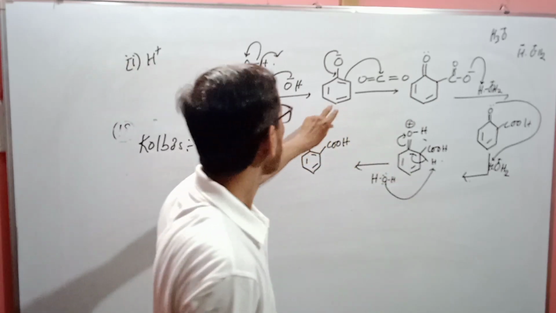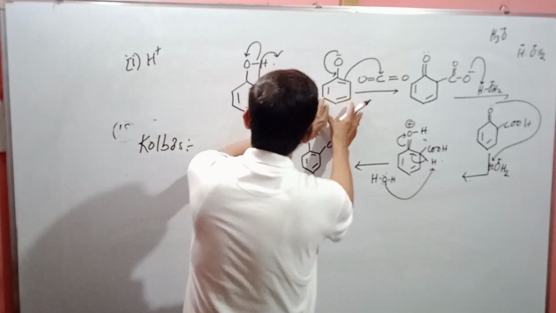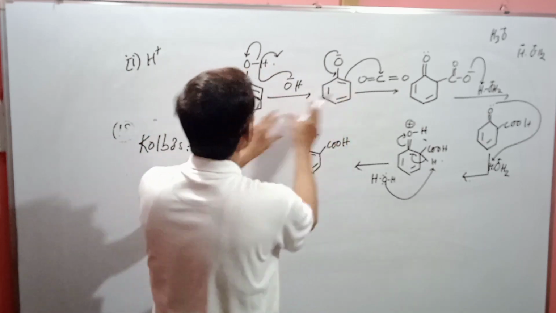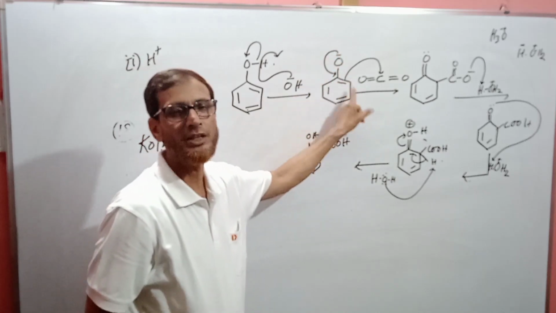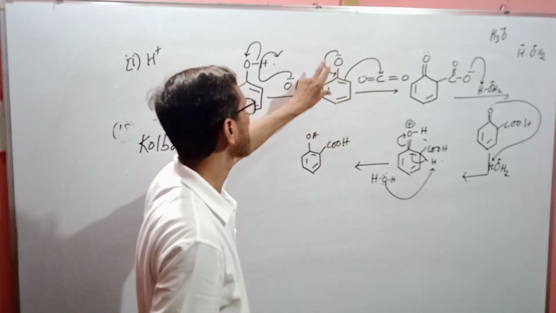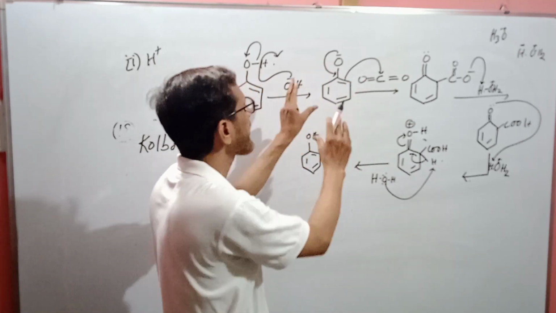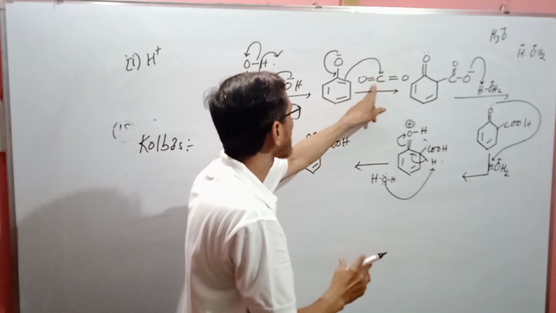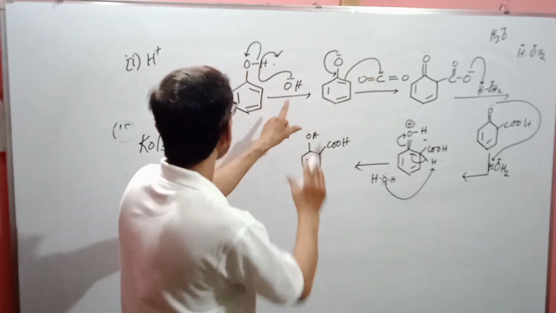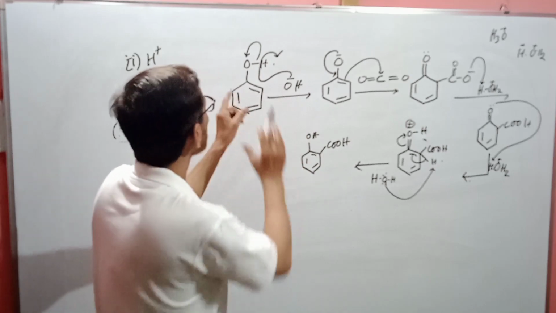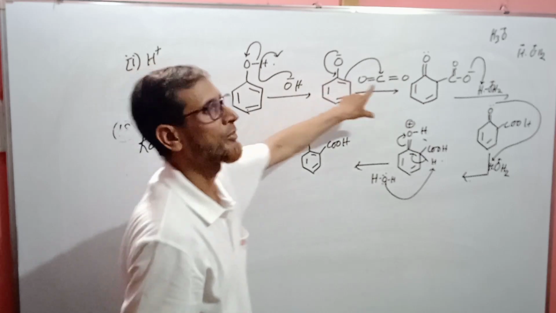So why have we done this? Because you see, phenoxide ion is more stable and more reactive than phenol. Due to the negative charge, it gets delocalized in the benzene, resonance occurs, it gets stability and it becomes reactive. Carbon dioxide is a weak electrophile, and without the use of sodium hydroxide you cannot directly make the reaction between phenol and carbon dioxide.